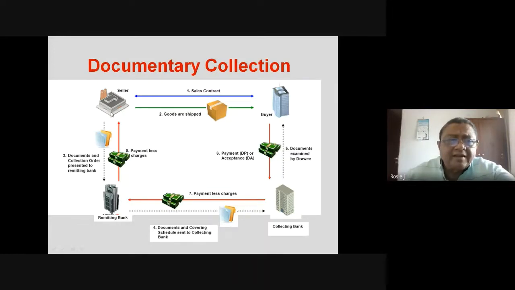The exporter will come back and say, look here, avalization, you have to pay. The importer's bank will say, look here, my friend, you sent the goods, you sent the DA documents to us, and we told you that we will avalize. What did we avalize?